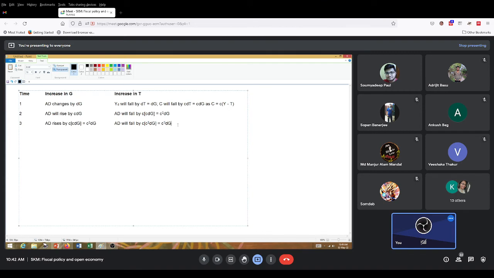And this process is going to continue. What is the net increase in aggregate demand and why? If you look at this, how much has income fallen? c into dG. How much has income increased? c into dG. So these two are cancelling out.